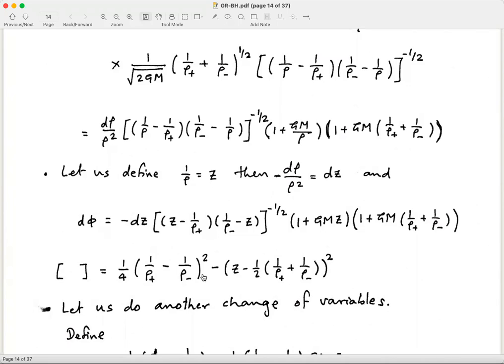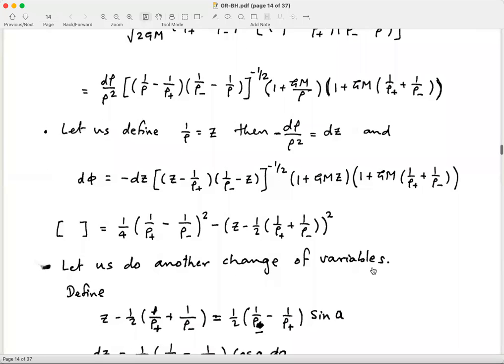If you expand this term, several pieces cancel out and eventually give you an expression like that. The advantage of doing this is that it tells you the range of z, the center around which z is defined, and the shift of value of z.